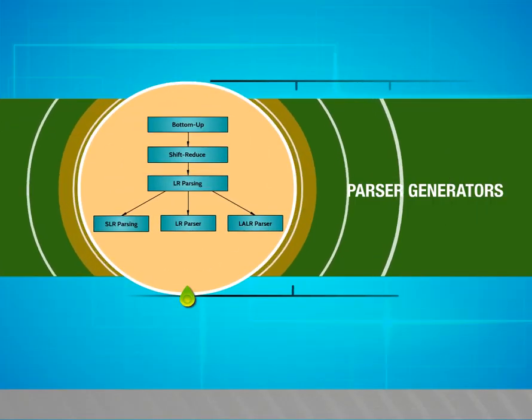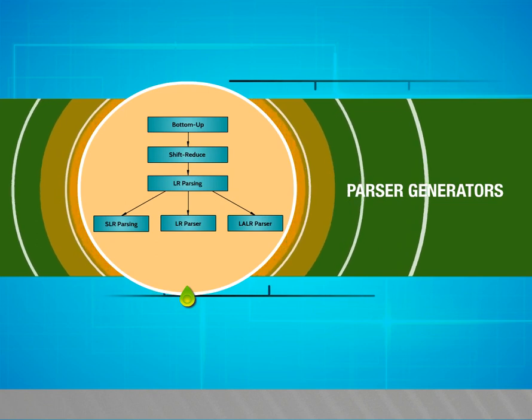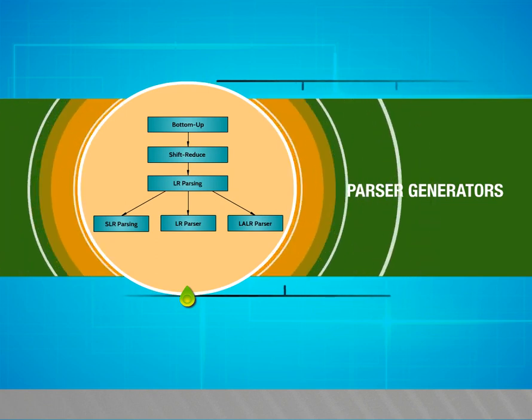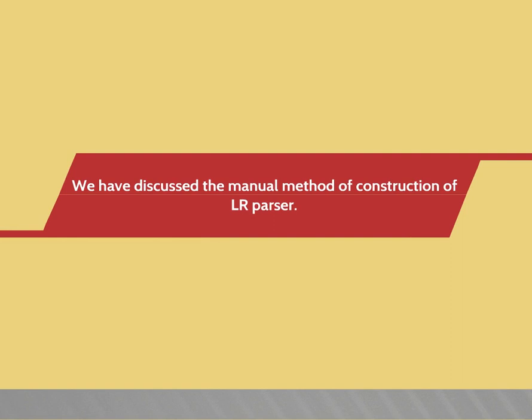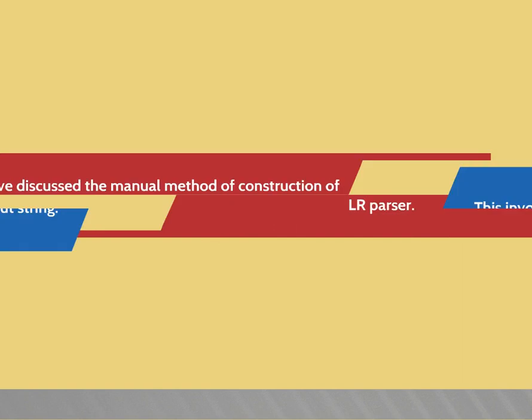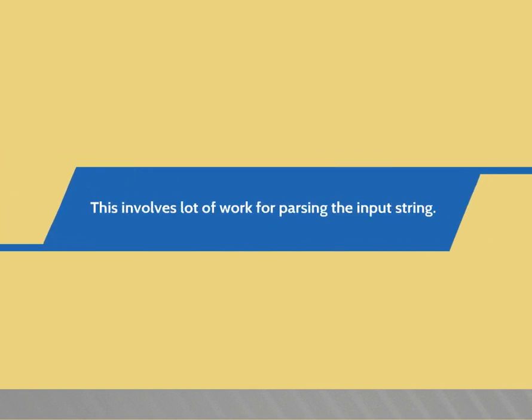Parser generators. In this video, we are going to see about parser generators. We have discussed the manual method of construction of an LR parser. This involves a lot of work for parsing the input string.